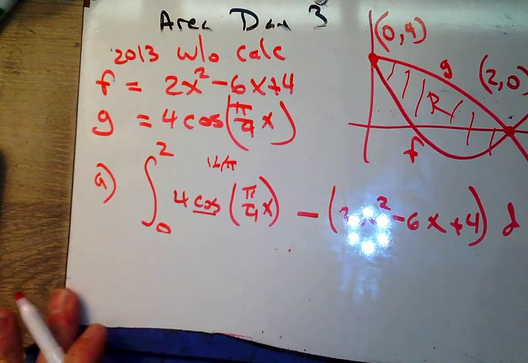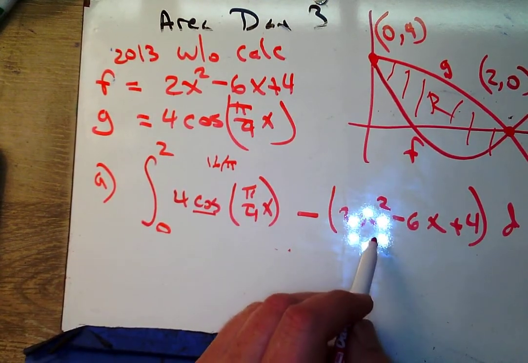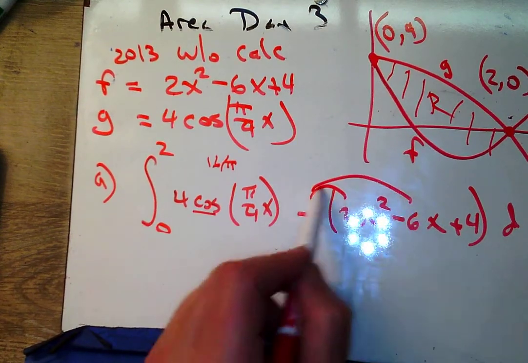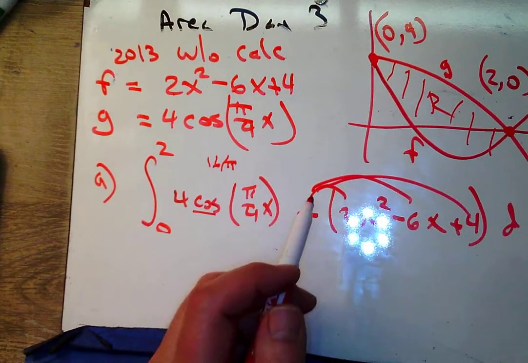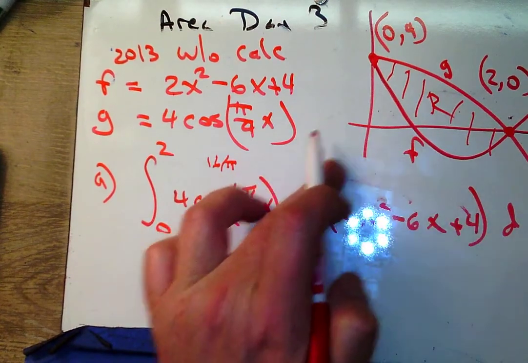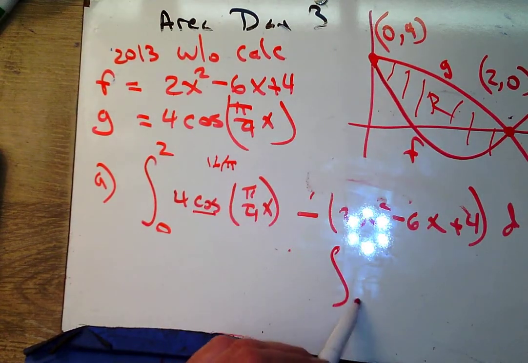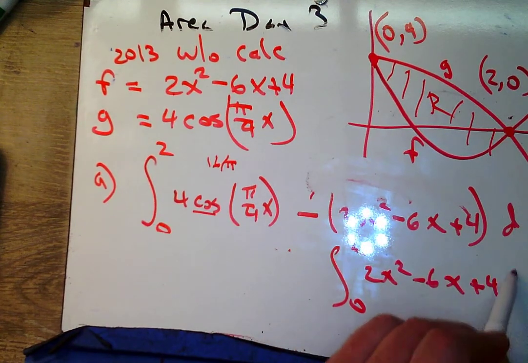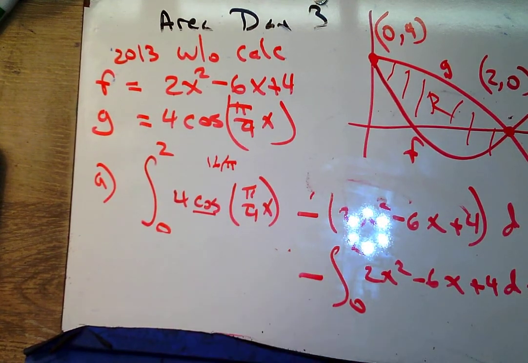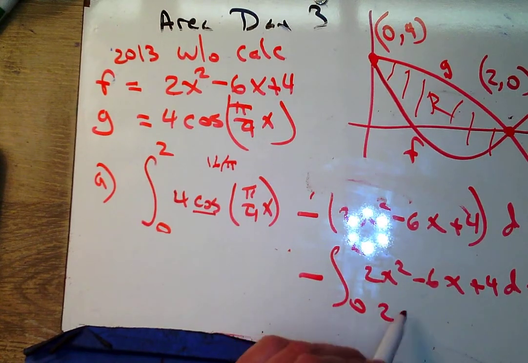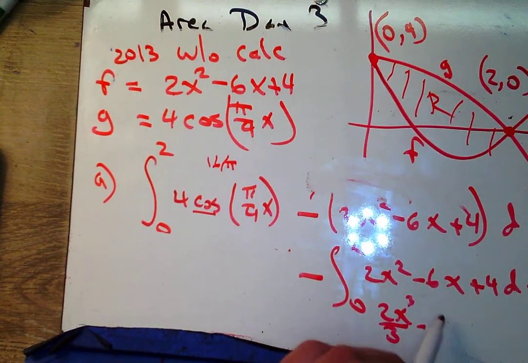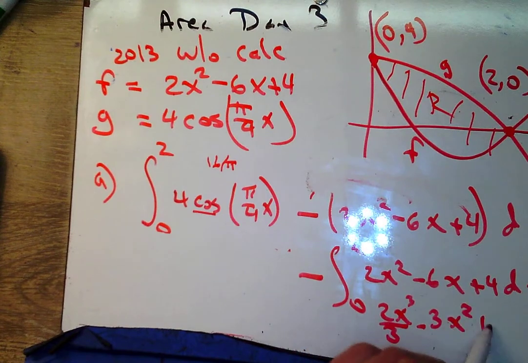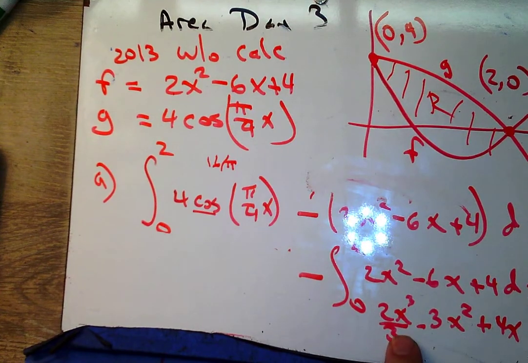Well, again, if you're not going to distribute, find the value of that integral from 0 to 2, 2x squared minus 6x plus 4 dx, and put a minus in front of it. So that's going to be 2x to the third over 3 minus 3x squared plus 4x, and we're going from 0 to 2. Now when I plug in a 0, I get a whole bunch of zeros.